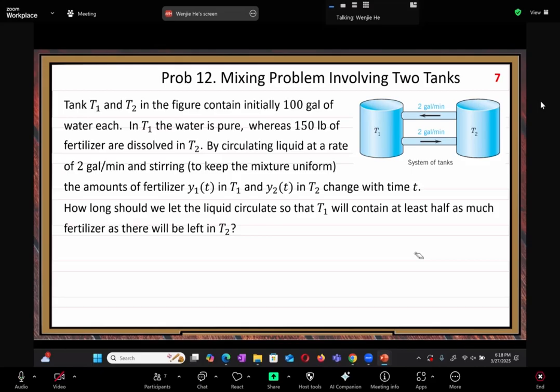Half, we just want to find that point. So that is Y1 equals 1/2 of Y2. But we need to find that special time point. If I write a formula, we need to find little T1.